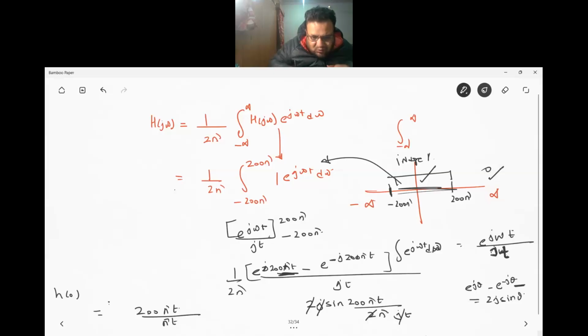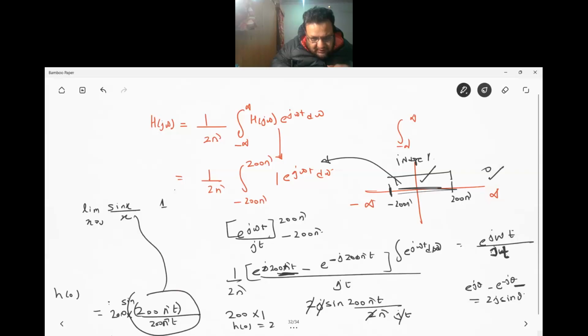You notice you have a function like sin x by x, which when x tends to 0 is equal to 1. So you bring it in that form. To do that, you multiply by 200 and divide by 200. So this becomes sin(200πt) by 200πt, the sin x by x form. So this is 200 into 1. So h(0) value will again be equal to 200.